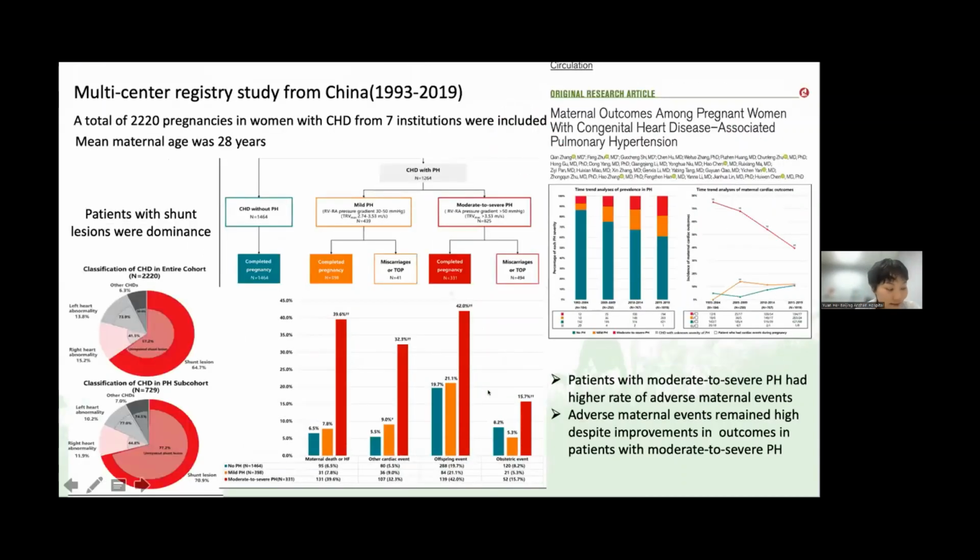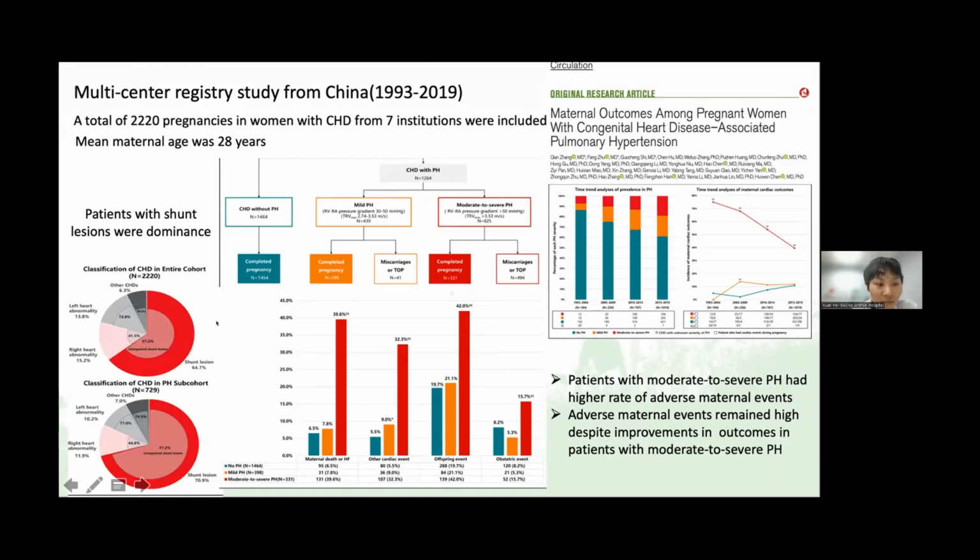I'm sorry, this is a recently published multi-center study from China, from 1993 to 2019. A total of 2,220 pregnancies in women with congenital heart disease from 7 institutions were included, and the mean maternal age was 28 years.